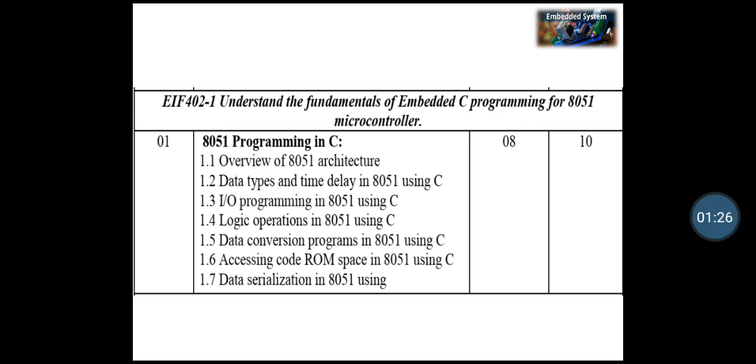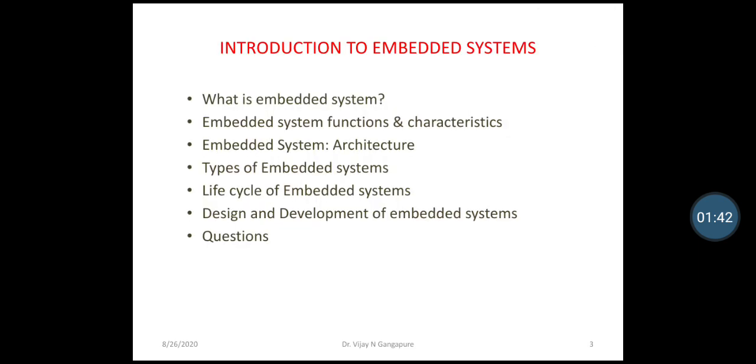So as the content shows, in this chapter we are going to study how to program 8051 controller in C for embedded system development. So before proceeding towards actual contents of this chapter, we will have a brief introduction to embedded systems.